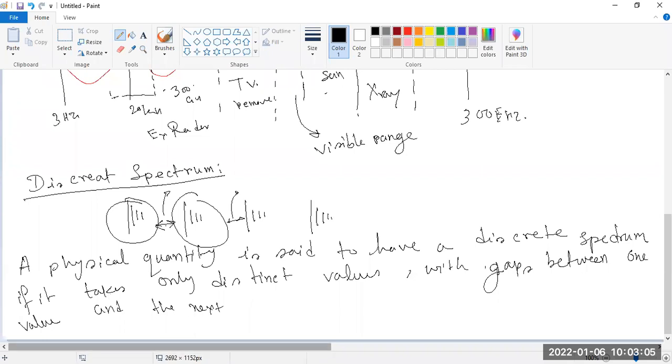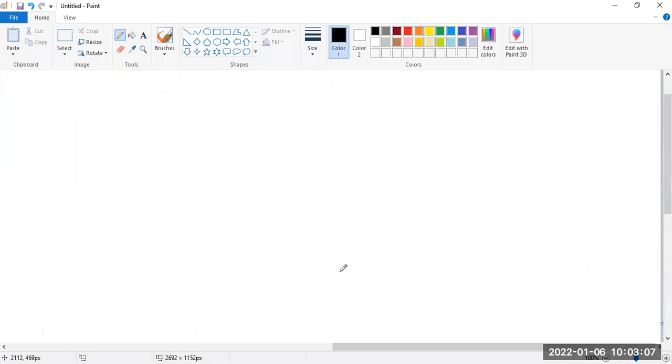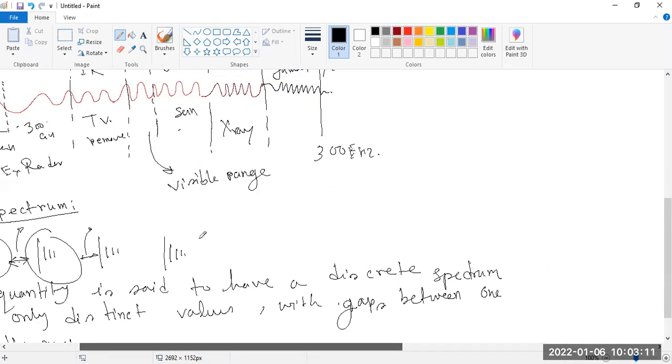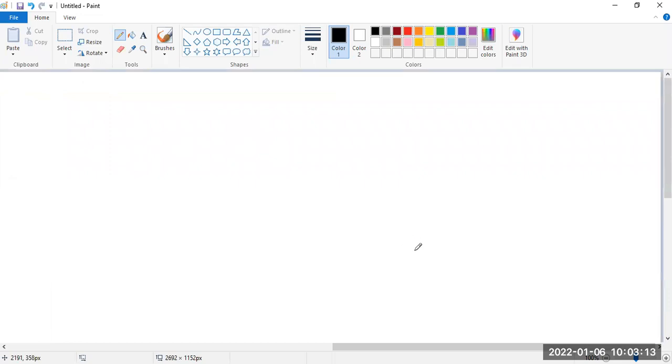What is a continuous spectrum? You can see in the previous one, this is a continuous spectrum.